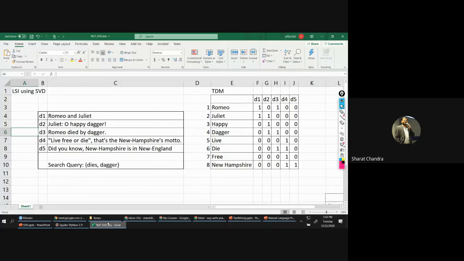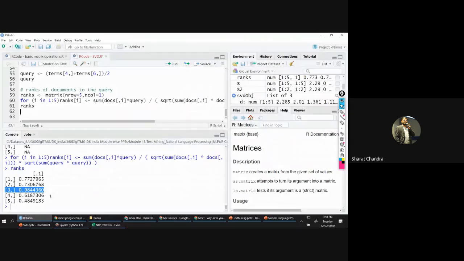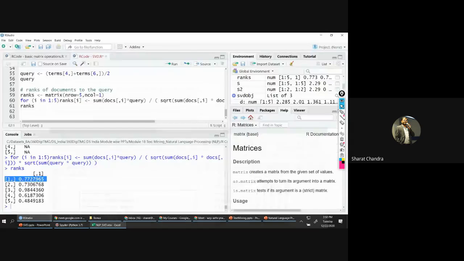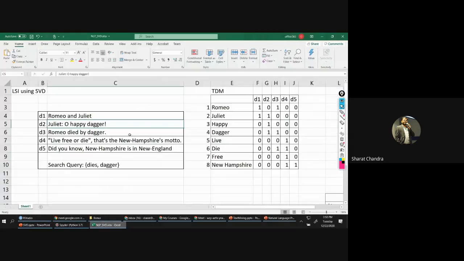This is fine. Then the second highest rank is document 1. If I used keywords, then I should probably be getting the second one as the result. But if you observe here, the second result is document 1, Romeo and Juliet.